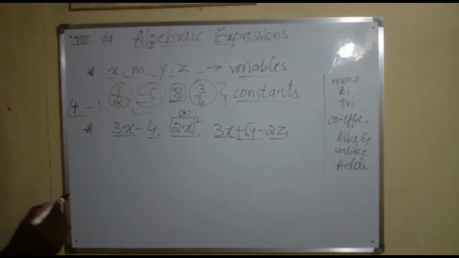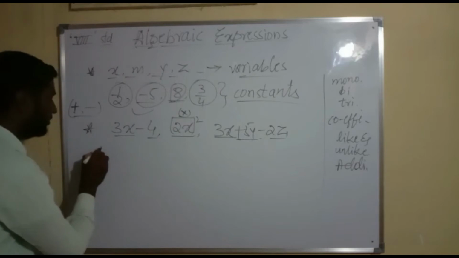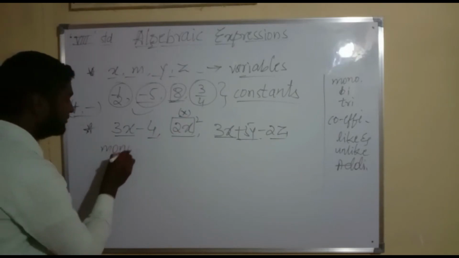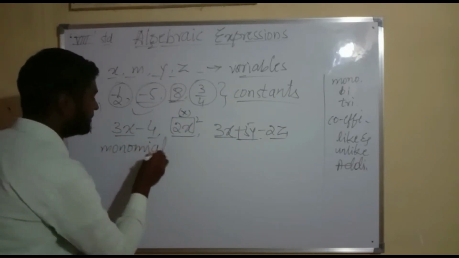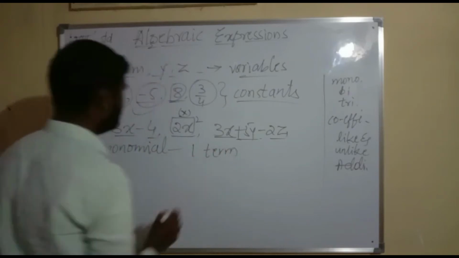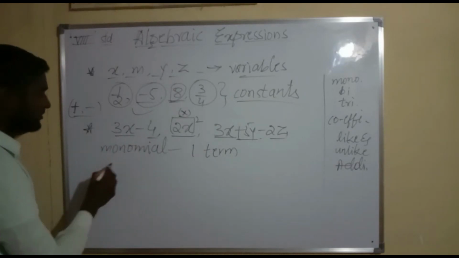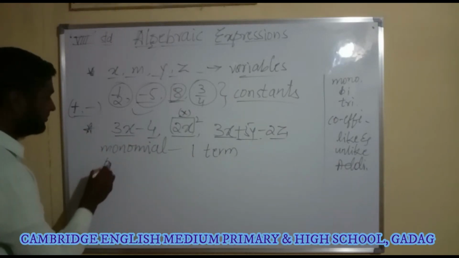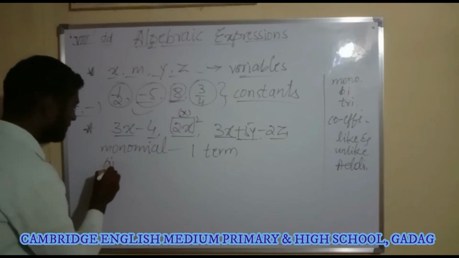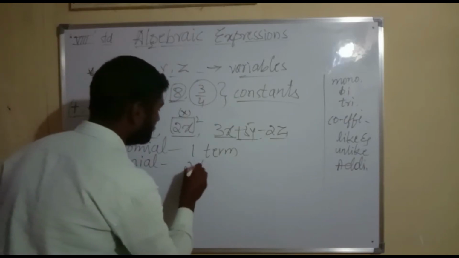Wherever we find only one term, we can name it as a monomial, which means one term. Wherever we find two terms, you can name them as a binomial. Binomial means two terms.